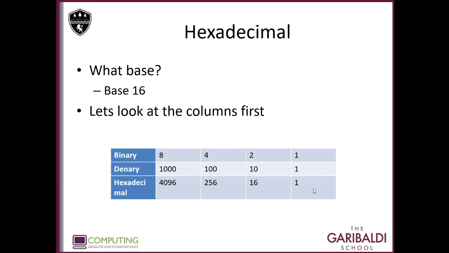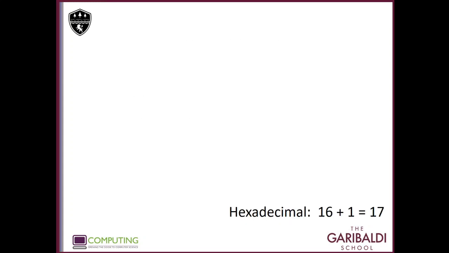In hexadecimal, every time the columns are multiplied by 16. So the first column is 1, the second column is 16, 256, 4096, and so on and so forth. The hexadecimal number system allows us to represent huge numbers by using a small amount of characters. So that's why it's useful when we're using them in computing.